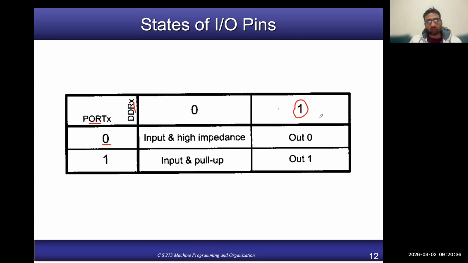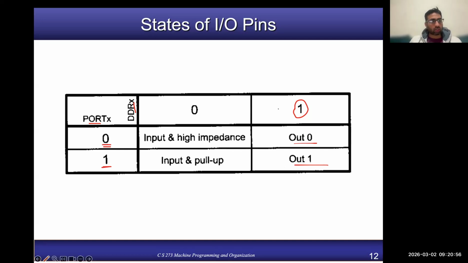If the DDR register value is 1, it means you are using the port as an output pin, right? So if the value of 0 is written in the port register, on the output you get a value of 0. If the value of 1 is written in the port X register, you get an output of 1 on that pin, right?